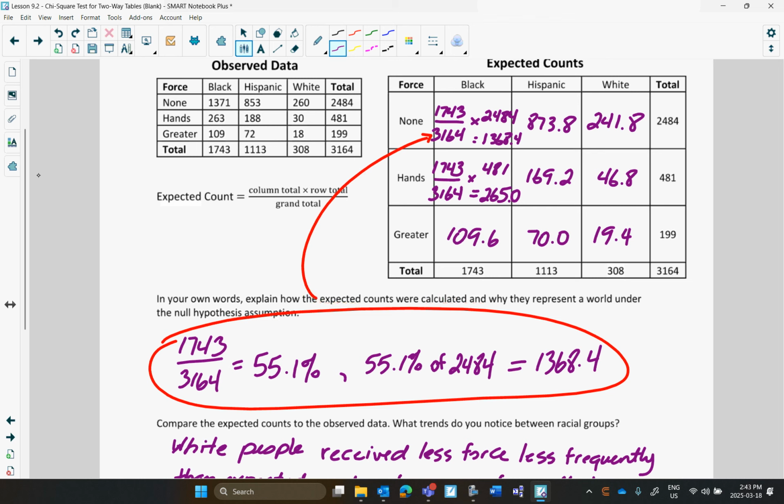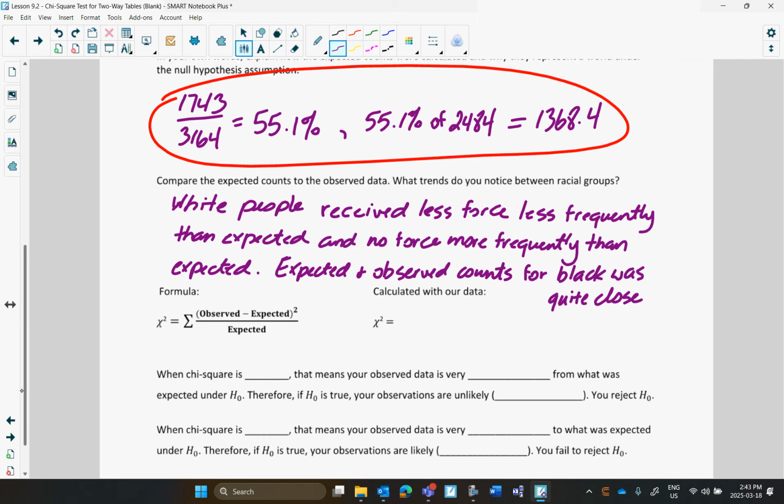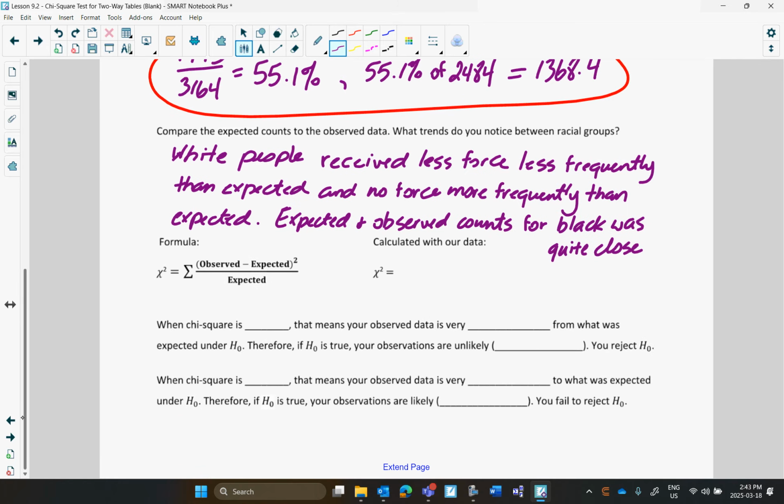And then do the next one, and the next one, and add them all up. Obviously, that's very time consuming. So we're going to see that we have a graphing calculator function that does it for us.